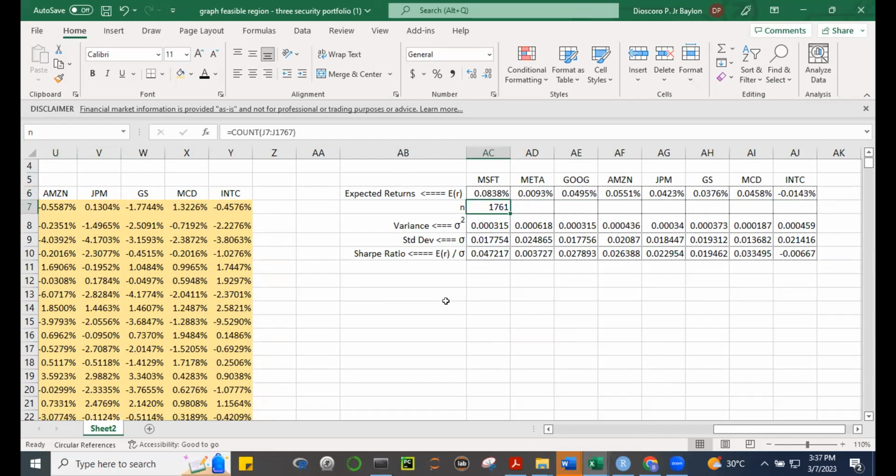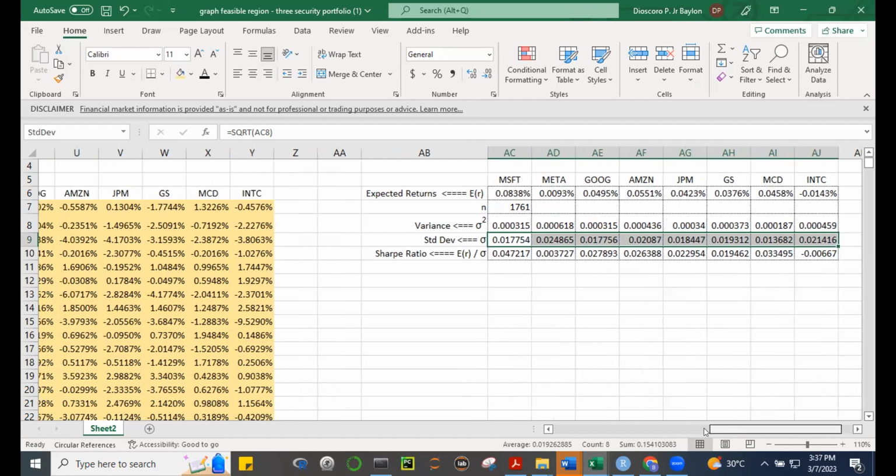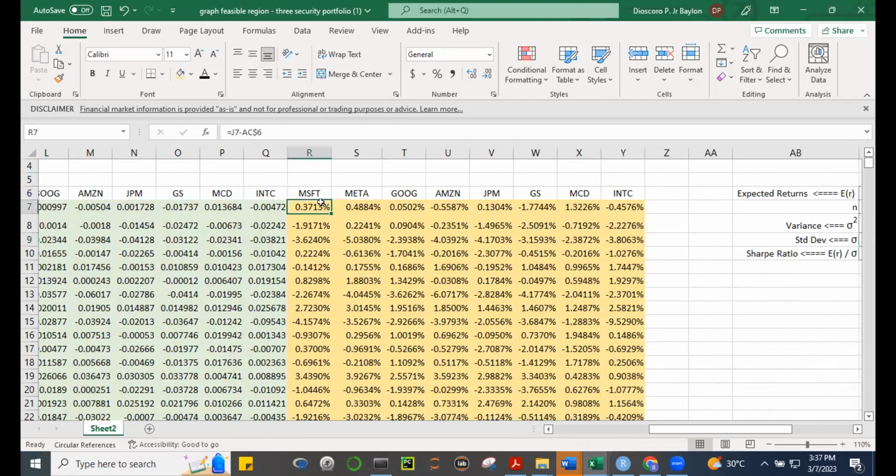So this is n. And then also this one, we need this later. Let's call it standard deviation, STD dev. Enter. All right. And also this one, we will be needing this.